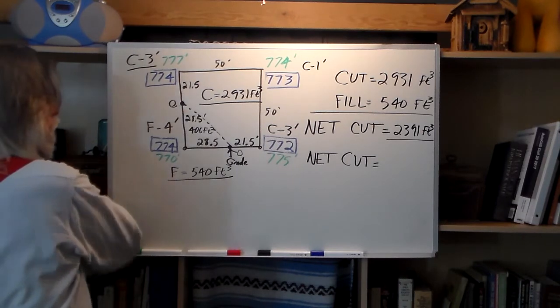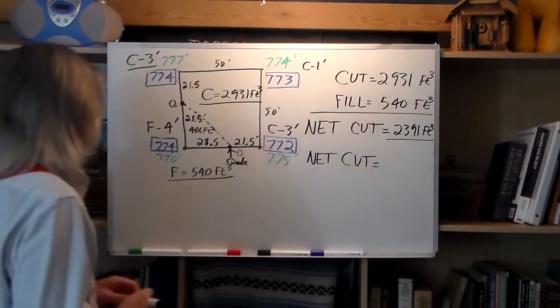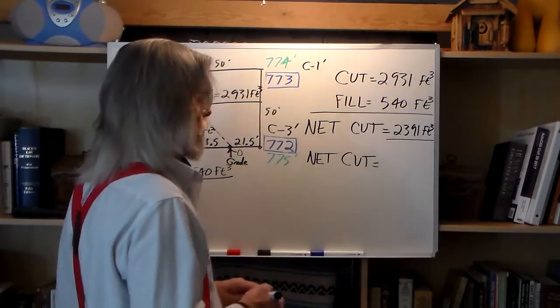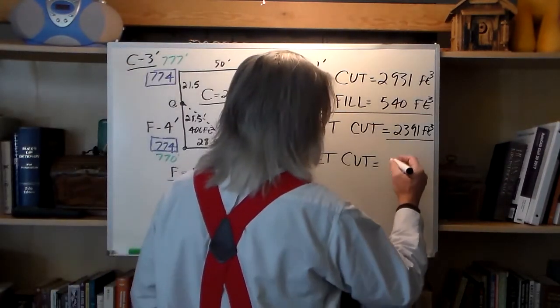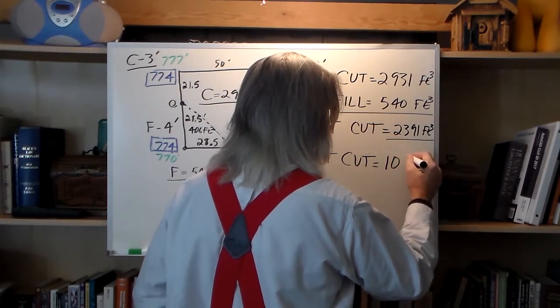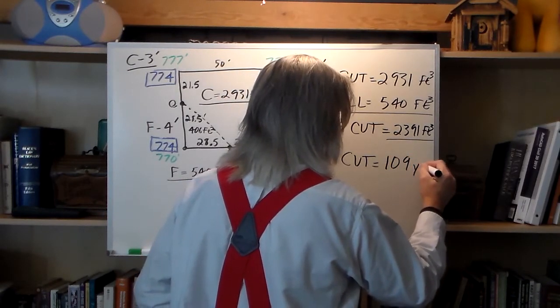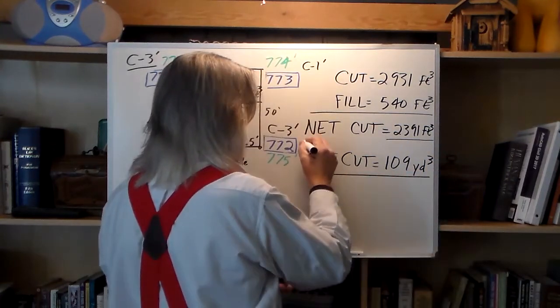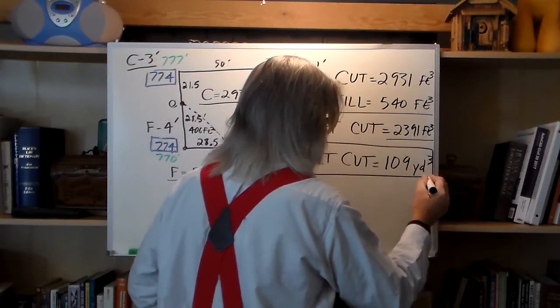And that gives you about 108 or 109, depending on how you round, cubic yards. We'll call it 109. So that is our net cut for this little square.